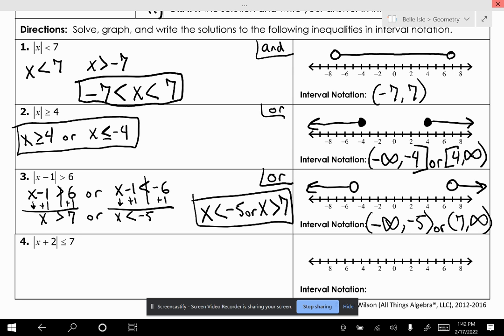Please do number 4 on your own. If you move on past number 4, some things will be slightly different, so just be patient.